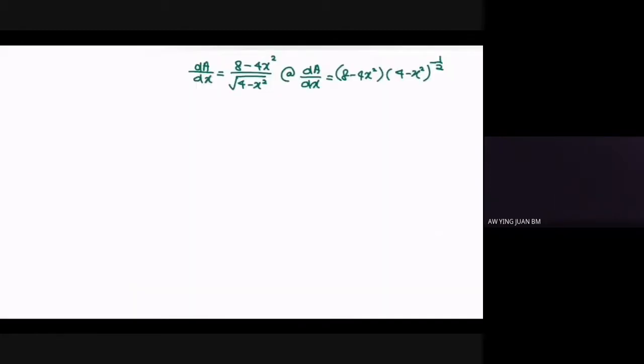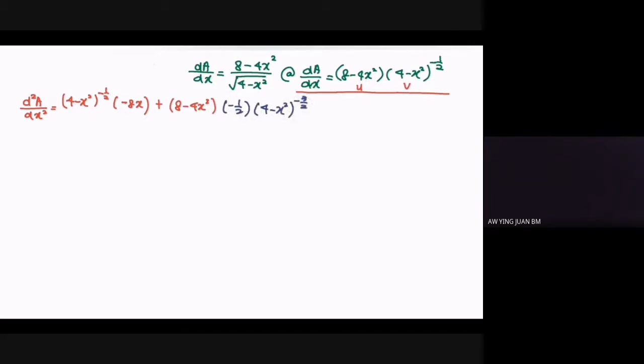Next, we are going to find the second derivative. Kindly refer to this part and let this one become u and then v. We have v, so 4 minus x squared bracket power of negative 1 over 2 multiply with u prime, where we will have negative 8x plus multiply with u multiply with v prime. So in here v prime would be negative 1 over 2 bracket 4 minus x squared to the power of negative 3 over 2 multiply with the internal derivative, so we will have negative 2x.